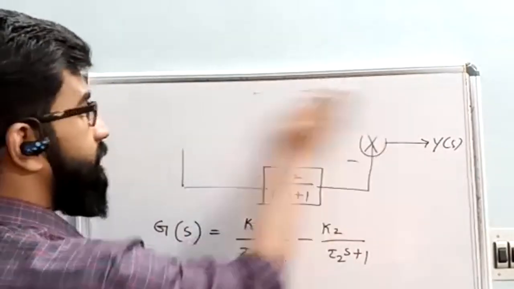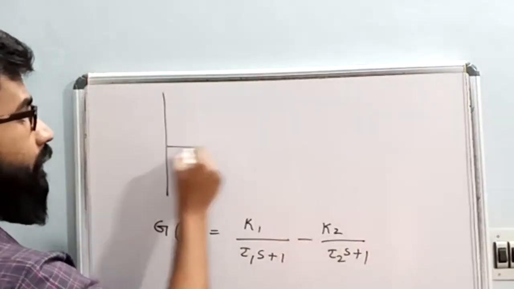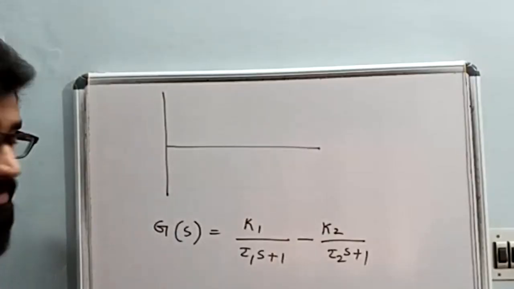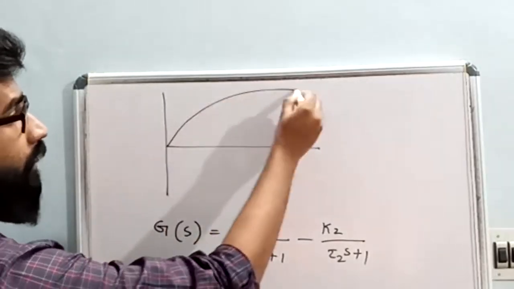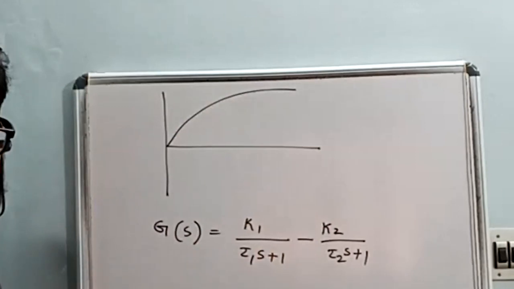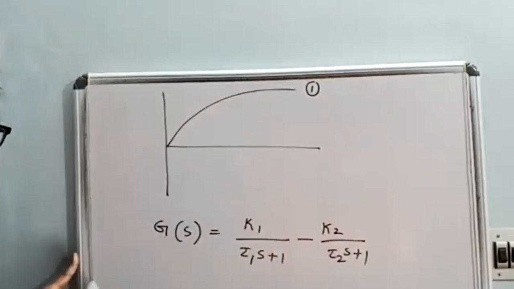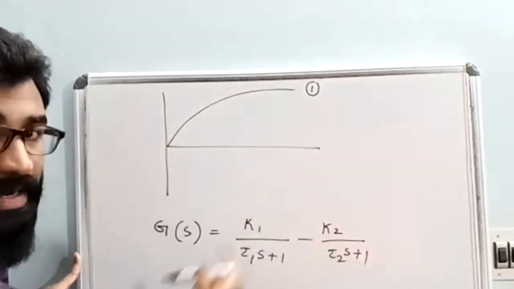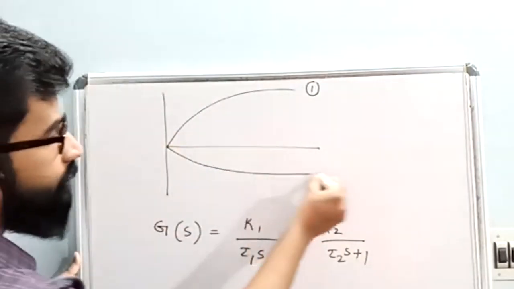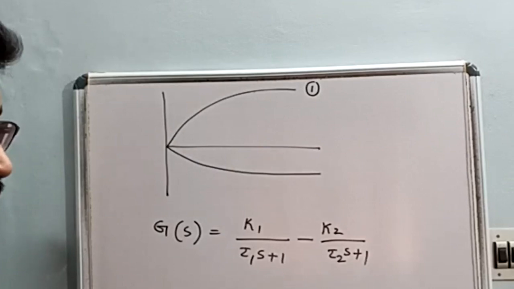If you draw the graph, according to the first order system, this is the kind of graph we expect. This denotes our first transfer function, K1 divided by tau 1 s plus 1. For this transfer function, since your gain is negative, what we are expecting is like this.